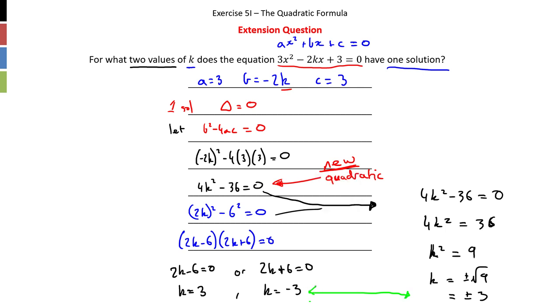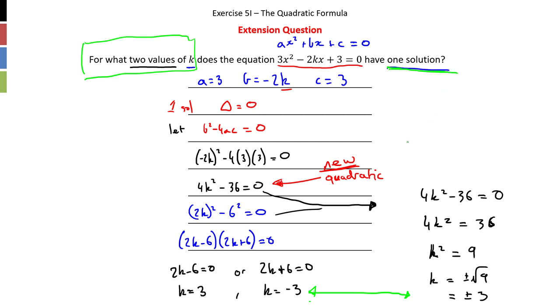So what does all this mean? Well, we got k is equal to 3 or k is minus 3. Let's look back to our original question. For what two values of k does the equation 3x squared minus 2kx plus 3 equals 0 have one solution?